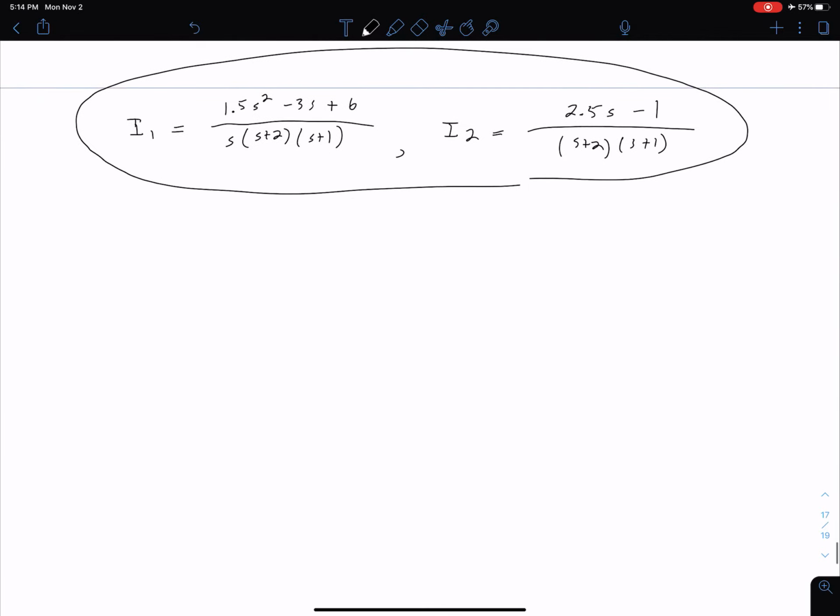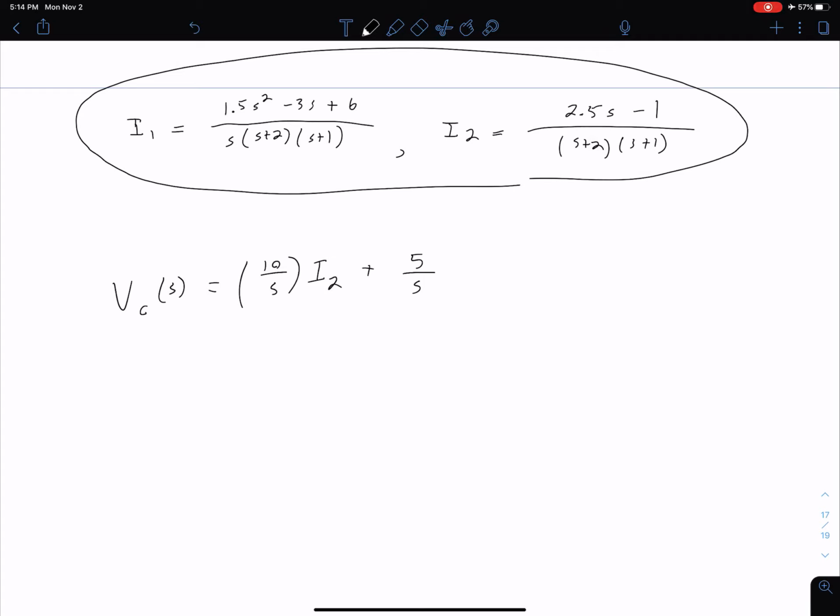So writing that down here, we can say that our VC of s is equal to that 10 over s, which is our impedance associated with the capacitor, times I2, plus our 5 over s, which again is related to our initial conditions.